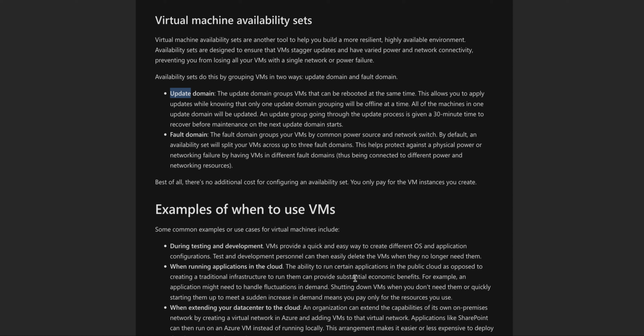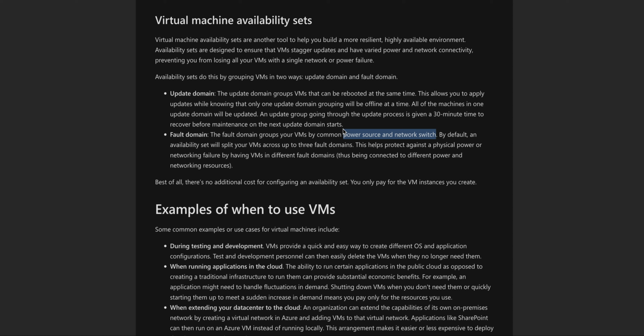And regarding fault domain, it groups the VMs by common power source and network switch. Power source and network switch. So depending upon where the power source or the network switch is located, the VMs are grouped.